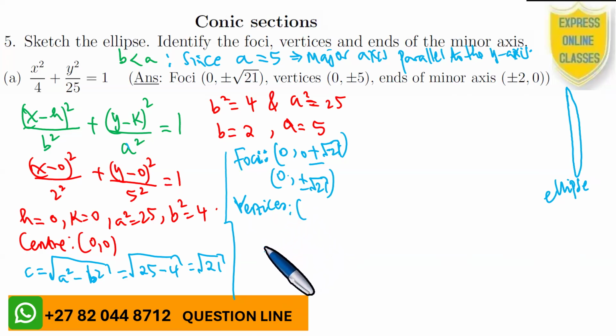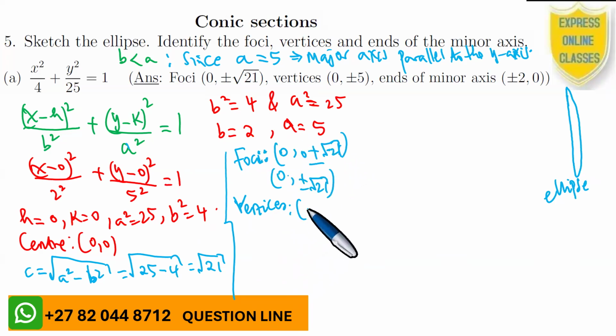Now to get the vertices, you look at the center, and then you look at the biggest one. What is the biggest one? The biggest one between the A and the B is the A, which is 5.